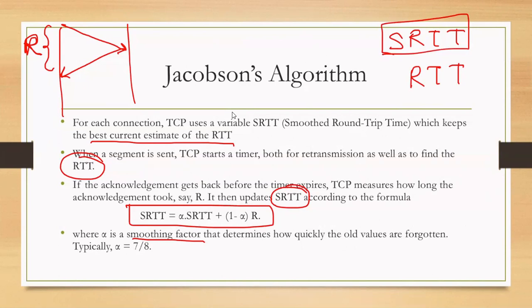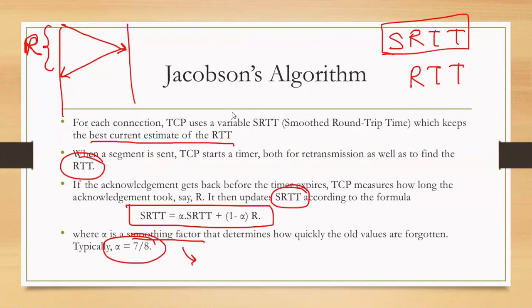For this, alpha is the smoothing factor that is used. This formula is used to see how fast or how slow the SRTT will forget the old values and move to a new value. Typically alpha is 7/8.